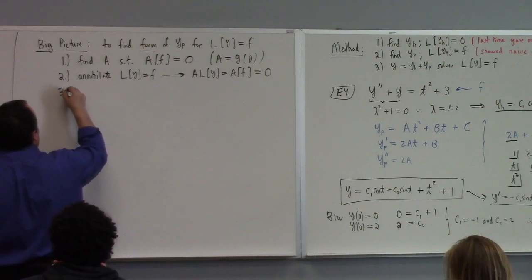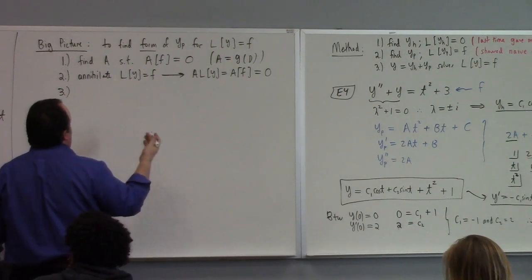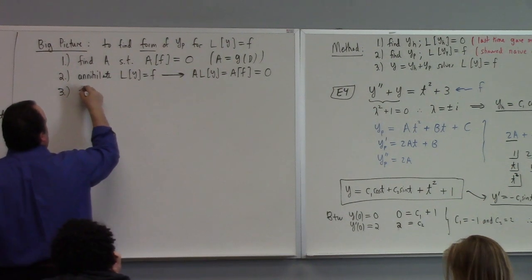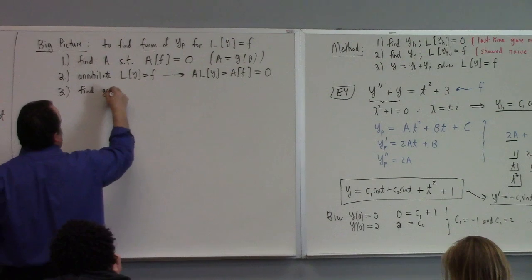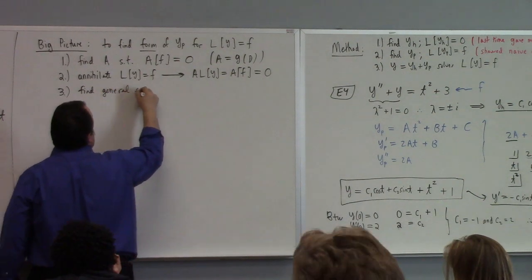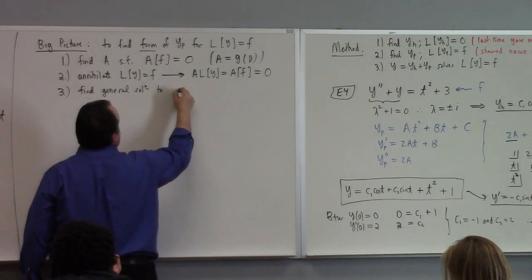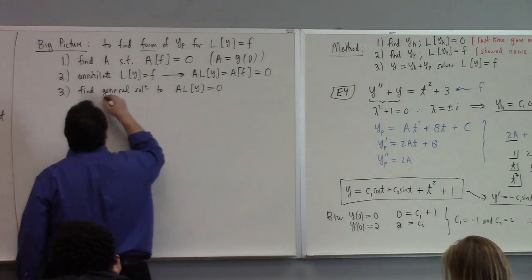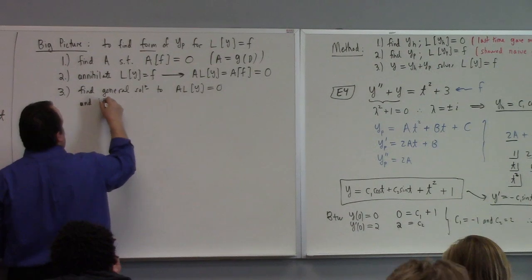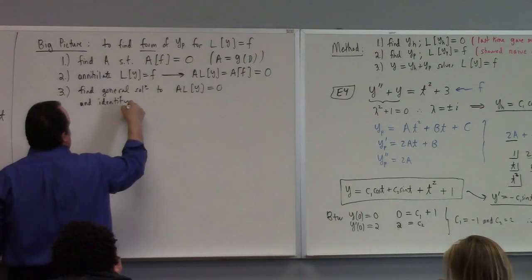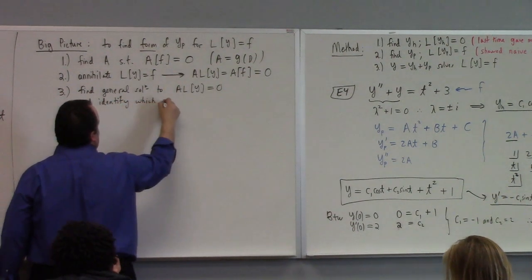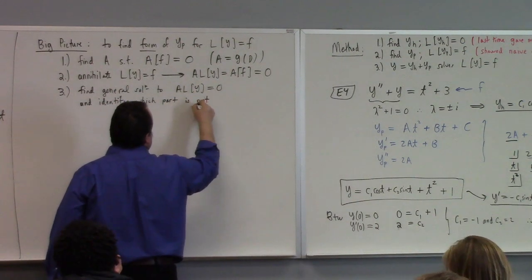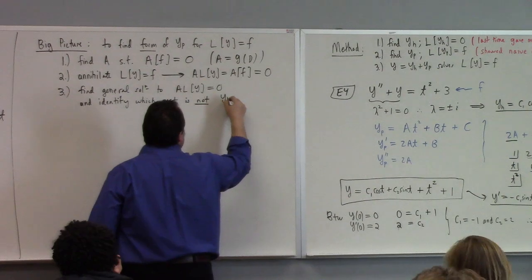Step number 3, find the general solution to ALy equals 0 and identify which part is not the homogeneous part.